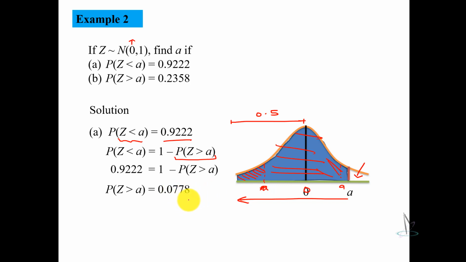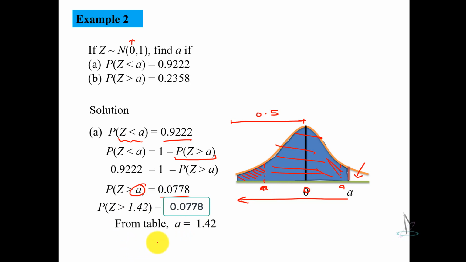Now, based on your table, do check what is the value of A such that the value inside your table will be 0.0778. Do check. Therefore, A is equal to 1.42.